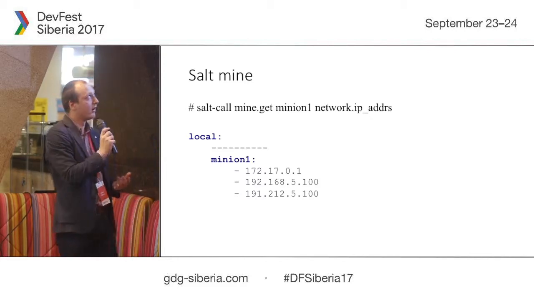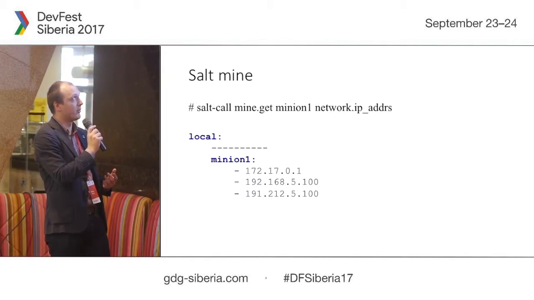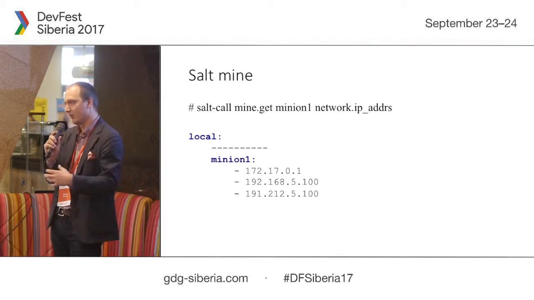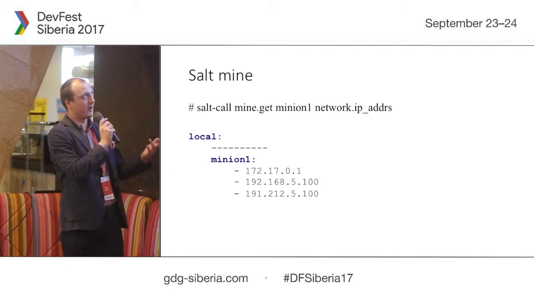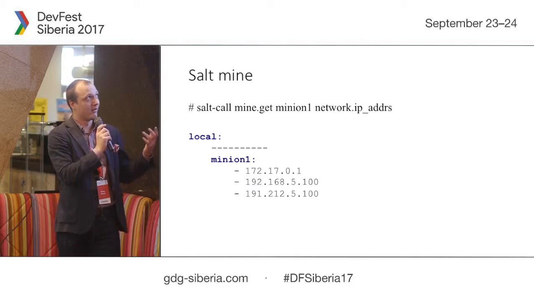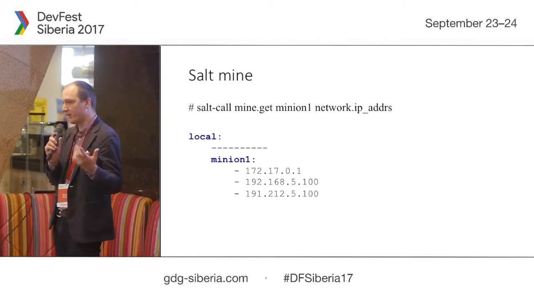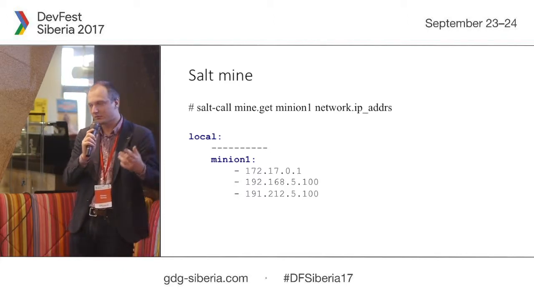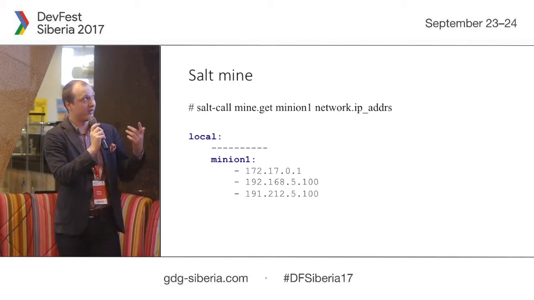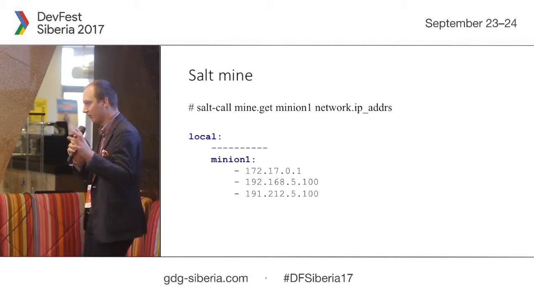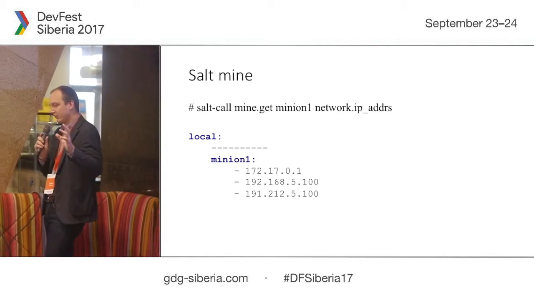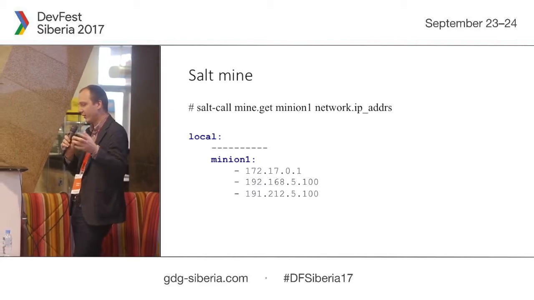For example, here we use the command salt-call, which means get me the current minion of this local machine, execute the mine.get execution module, and arguments for this mine.get execution module. minion1 is just an ID of the minion for which we get these IP addresses, and as a result we get a pretty large YAML where, as usual, keys are minion IDs, and the result is, in this case, a list of IPs.